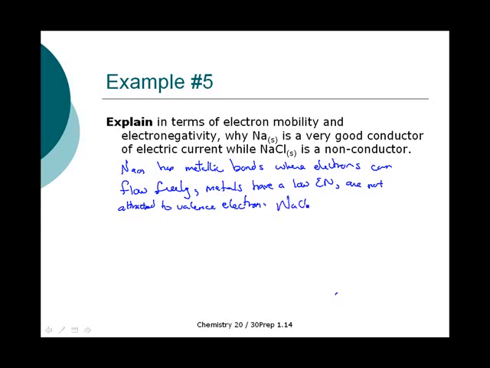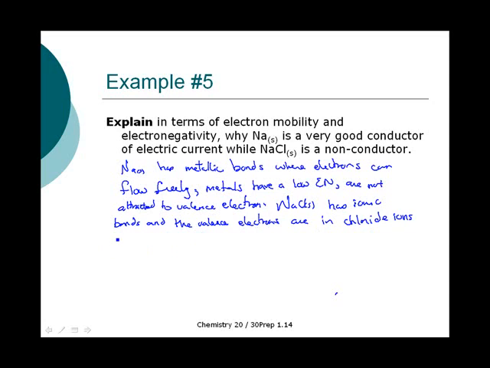Sodium chloride has ionic bonds and the valence electrons are in chloride ions. So those chloride ions have actually stolen the electrons.